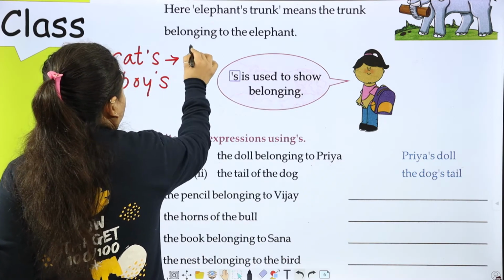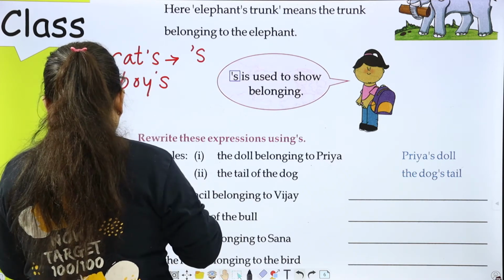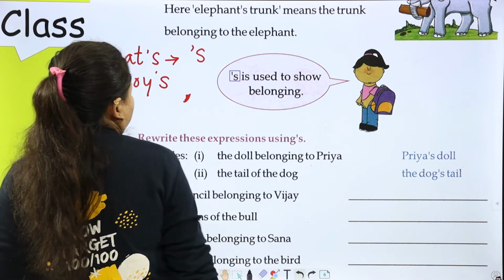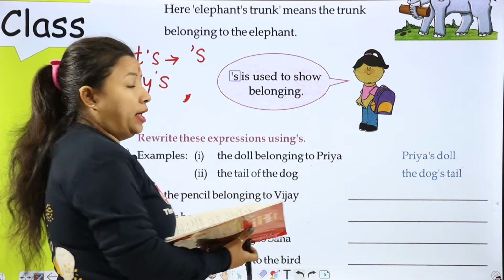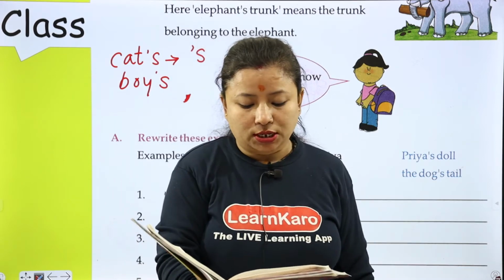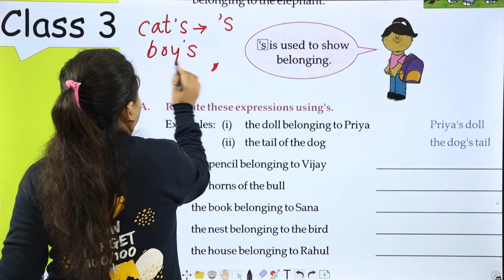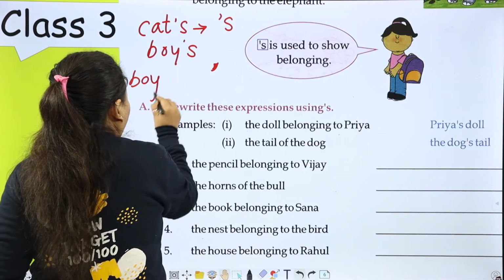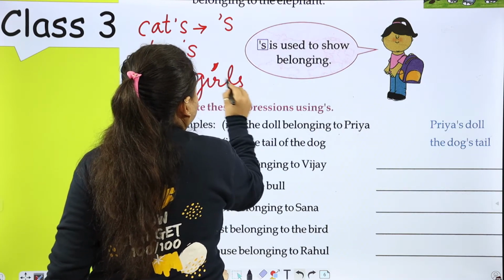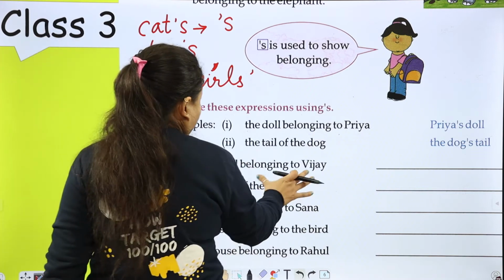Here we are using apostrophe S, but in a plural noun we use only an apostrophe. So we add only an apostrophe to make plural nouns ending in S possessive. Like boys' and girls'.